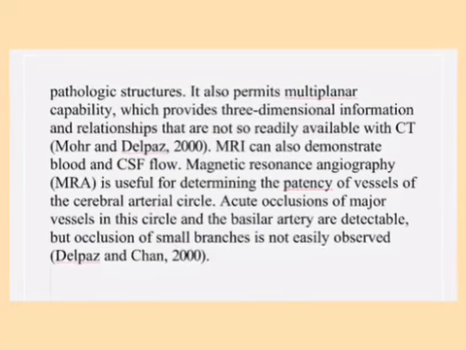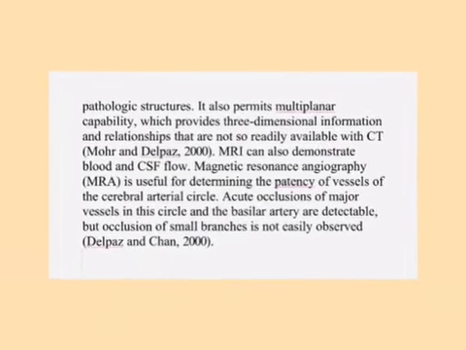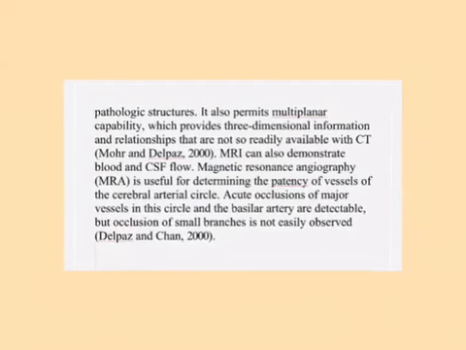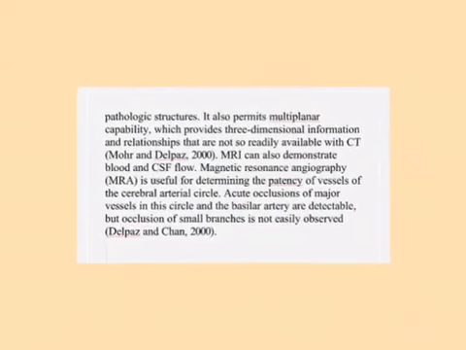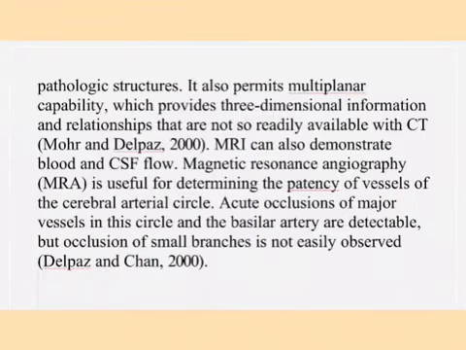This is quite useful when you want to determine the patency of the blood vessels that you have in the cerebral arterial circle. Acute occlusions of major blood vessels in the cerebral arterial circle and the basilar artery are detectable with the aid of MRI.